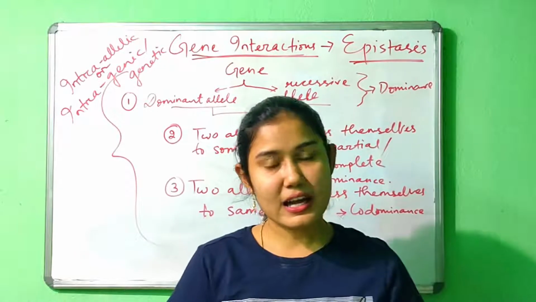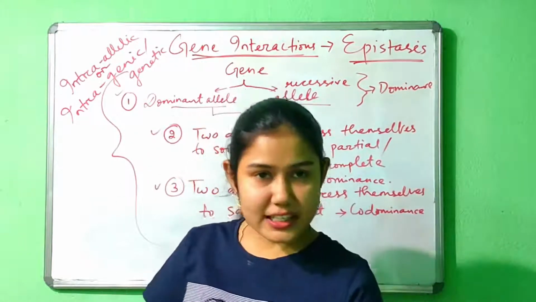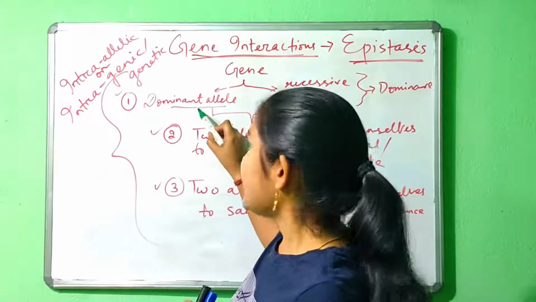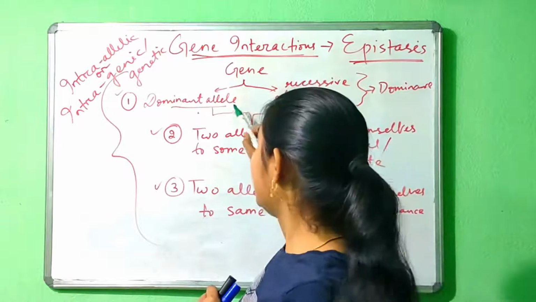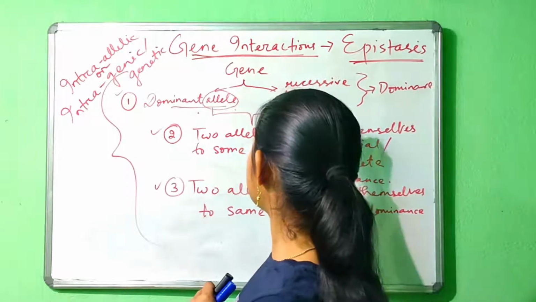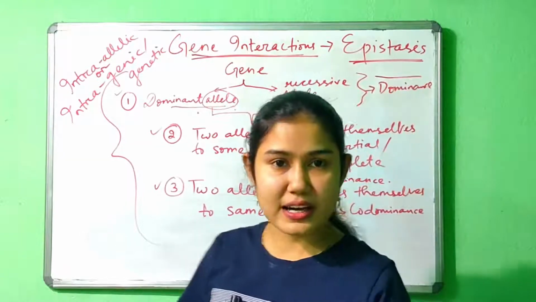Okay, clear? In that case, we see three conditions. If one allele is masking the effect of the other allele, then that phenomenon is known as dominance, right?